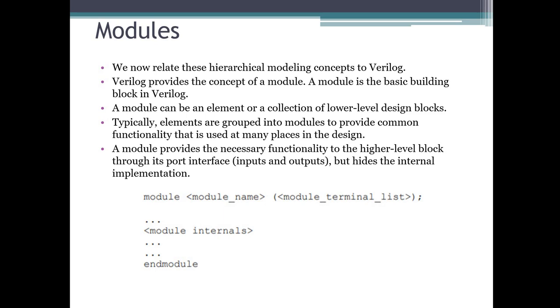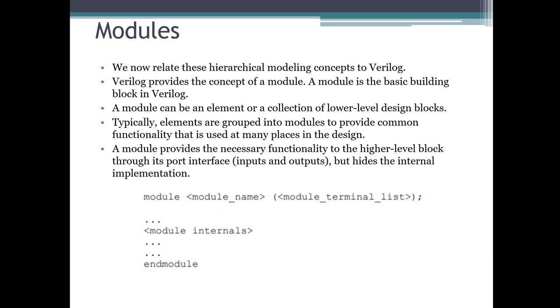Okay, so next part, a module provides the necessary functionality to the higher level block through its port interface. Basically port interface is nothing but inputs and outputs, but it hides the internal implementation. You can understand it this way: you have a black box, and in the black box you have just two inputs and one output. Those input and output signals are basically known as ports.